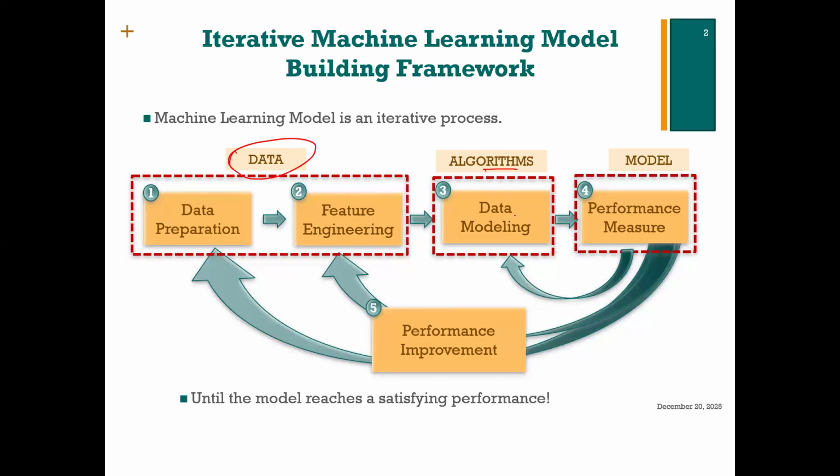If need be, you may need to go back to the data stage where you do more pre-processing, normalization, feature engineering, adding or removing features, and feature selection. You keep doing this until the model reaches a satisfying performance. We will revisit this shortly with the let the data speak diagram that will make it even clearer.